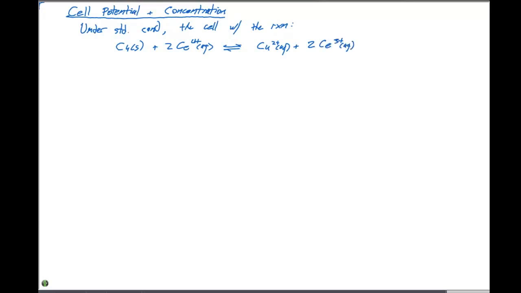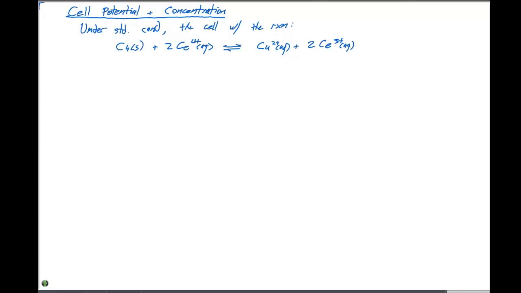And I'm expressing this as an equilibrium, and in reality all of these electrochemical reactions are equilibrium reactions. Previously we really didn't have to worry about that too much, but now we have this particular equilibrium that we can establish, and we can discuss what's going on in this particular system.